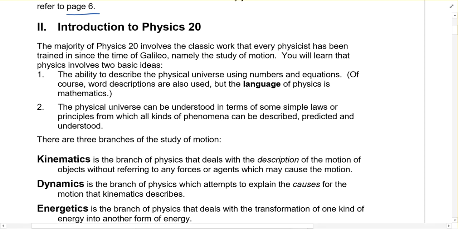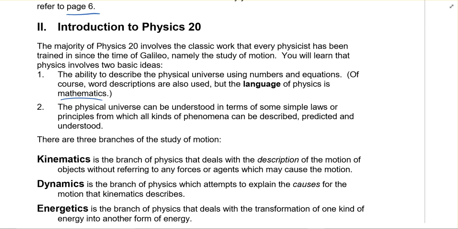Everything you'll learn involves two basic ideas: the ability to describe the physical universe using numbers and equations. You'll see, like in The Big Bang Theory, there's a bunch of equations on the chalkboard. But it's also going to be done with pictures and different words. But the language of physics is definitely mathematics.